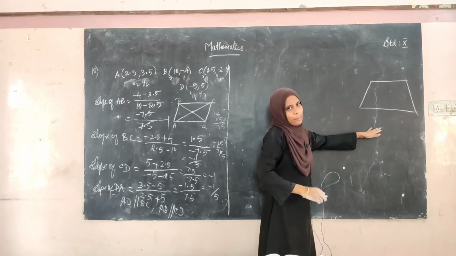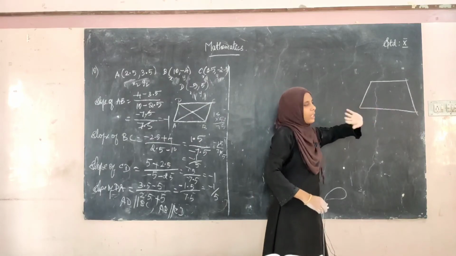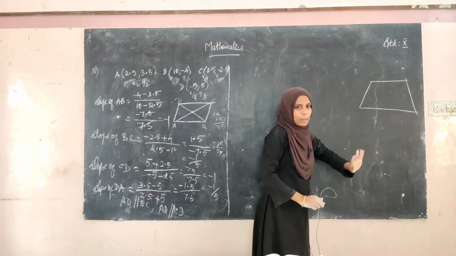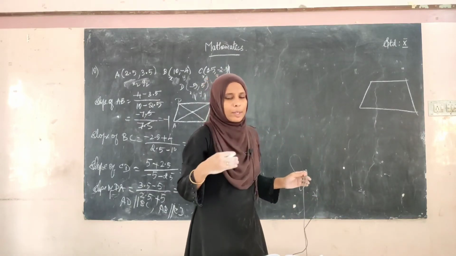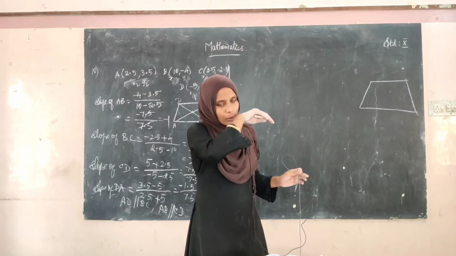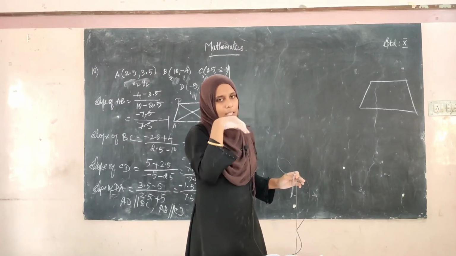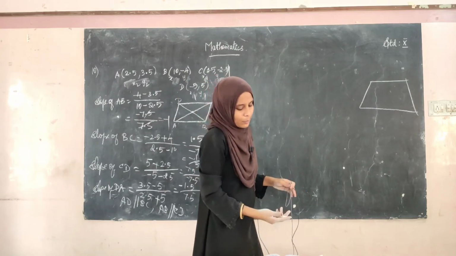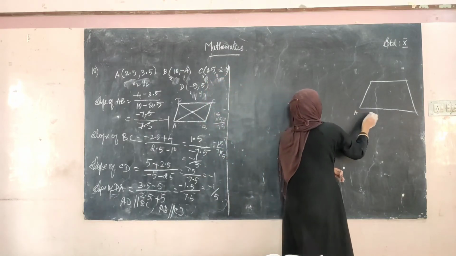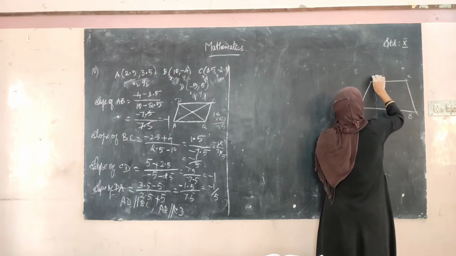Any two sides will be parallel. This top and bottom will be parallel. So using the 4 points, you have to find the slope of all the sides. If you find that two slopes are equal, you can say that it forms a trapezium. Okay, so let this be A, B, C, D.